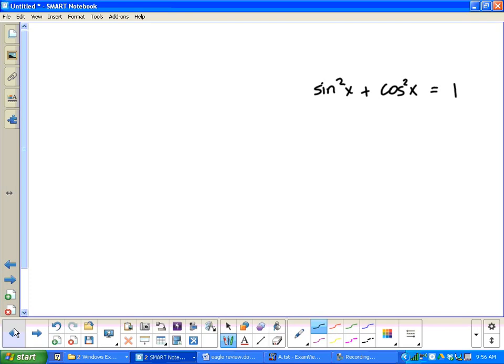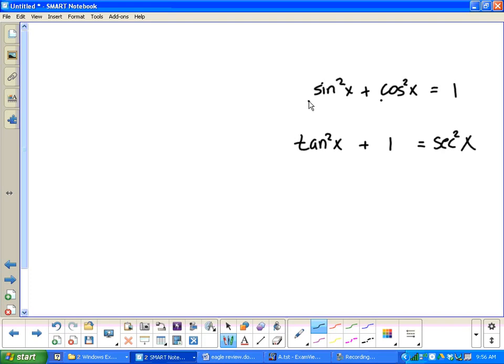Sine squared divided by cosine squared would be tangent squared. And if we divide that by cosine squared, it's just 1. And then 1 over cosine squared is secant squared. Forever and ever, I've taught trig, and I've never memorized that because I could always derive it. Now, that was the second one.